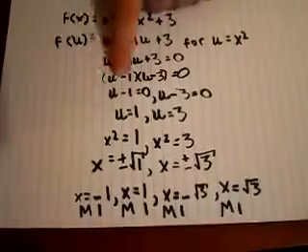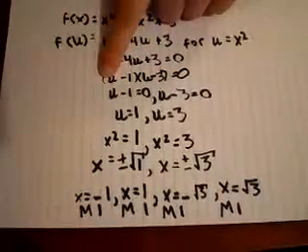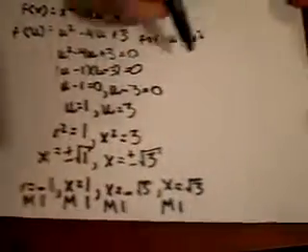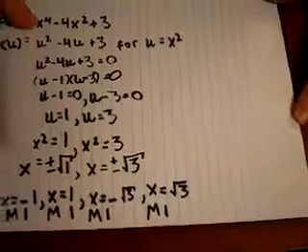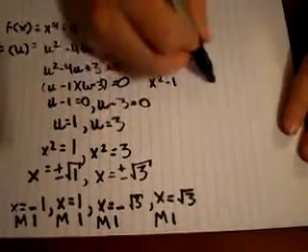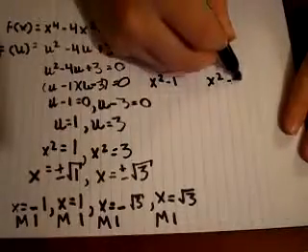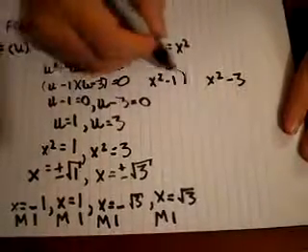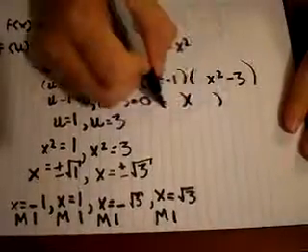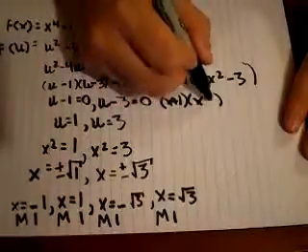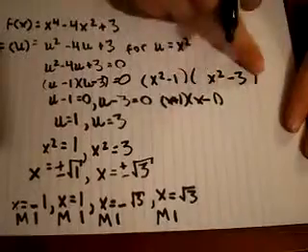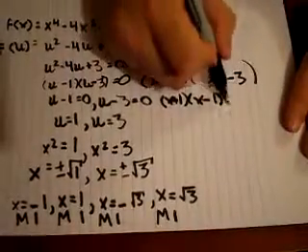Because if you didn't write u minus 1 and u minus 3, it would have been x squared minus 1, x squared minus 3. And these factor, well, x squared minus 1 is x plus 1, x minus 1. x squared minus 3, you could still do the difference of perfect squares.